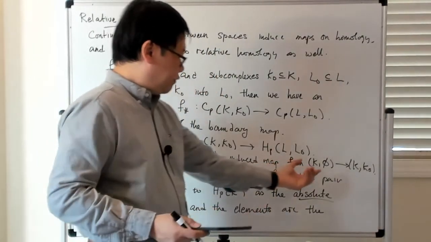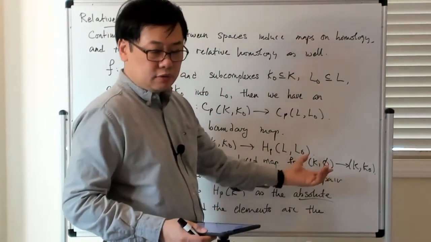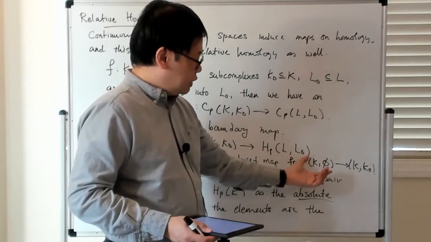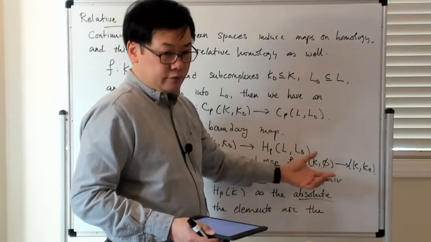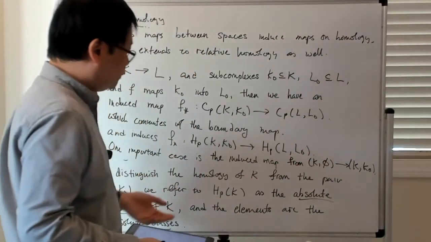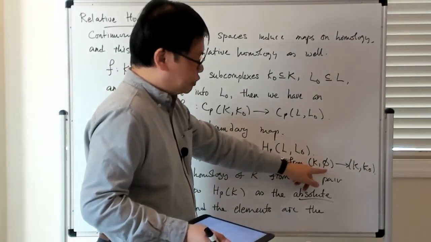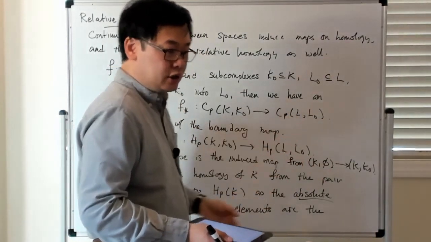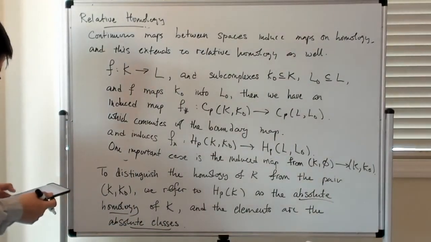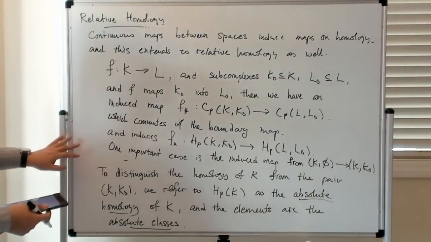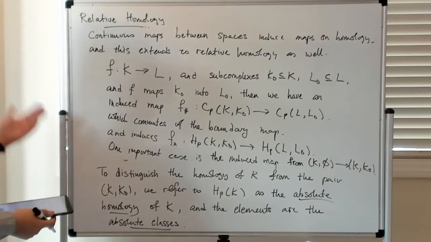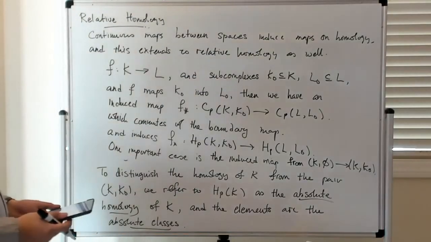The reason is that the pair (K, empty set) is associated with the absolute homology and the absolute chains. If you're quotienting by the empty set, then you essentially just have the original space itself. Okay, so that's basically what I wanted to say, and the next thing we'll talk about is the idea of excision, which we'll see in a little bit.